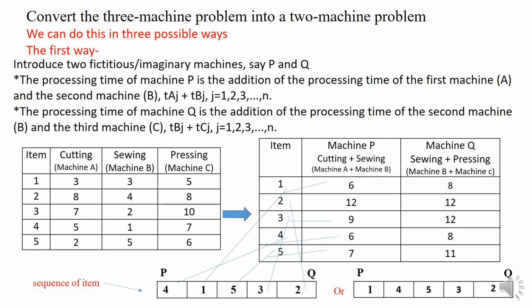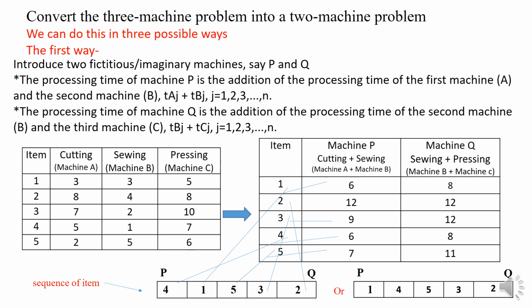So see that here in our sequence of jobs table, 4 is the first job, and we put it on the left side. Why?